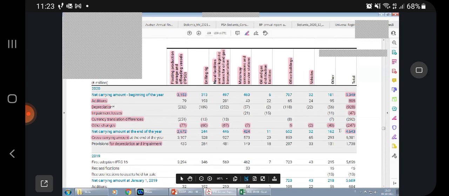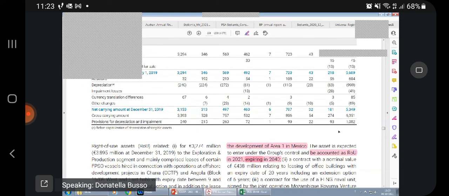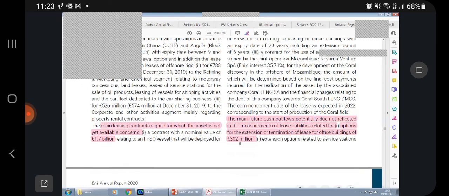But this is a very important information for users in order to have the complete picture. So this amount is not included in the right of use asset and in the lease liability because E&I considers the extension of this option not reasonably certain.